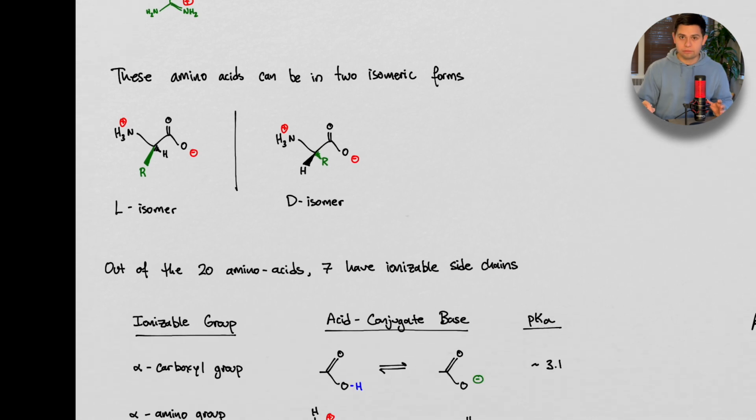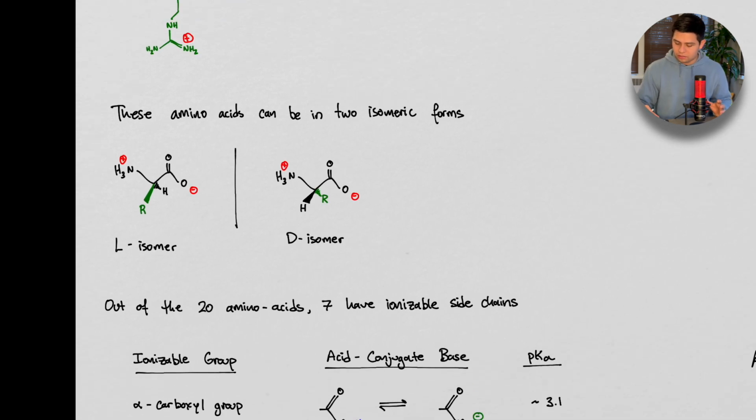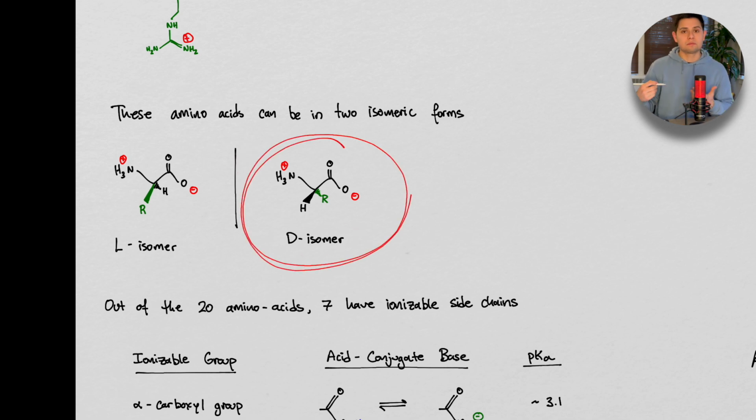And then these amino acids can be in two different isomeric forms as well. We have L isomers and D isomers, where L isomers are going to be the most common, right? If you ever hear or read a paper that says, say, D-serine, I've read quite a few papers on this kind of stuff, well, that's what this is talking about.